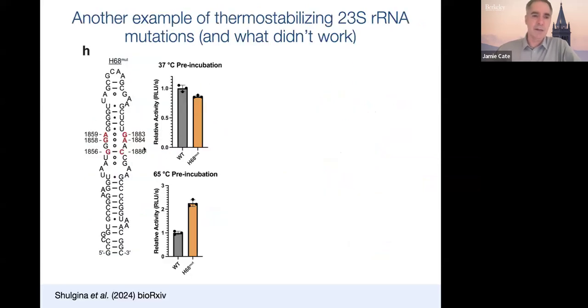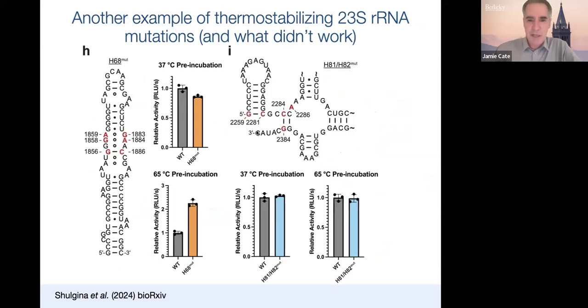So we predicted a number of other mutations in this region that when we made them, we could also get a more thermostable ribosome. But when there were mutations here that were predicted, they didn't actually make the ribosome more stable. Now, I think the reason here is that you notice that 4 out of the 5 of these are involved in base pairs.